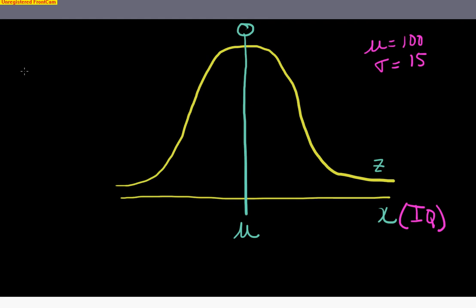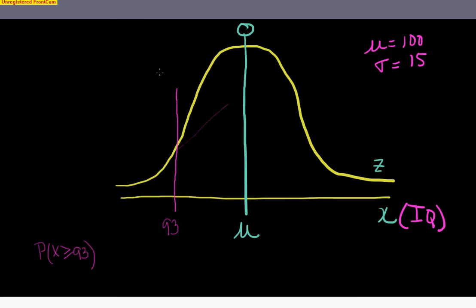Let's say in this problem I ask, what is the probability that if I randomly select someone, they will have an IQ of greater than 93? Okay, what is the probability that if I randomly select someone their IQ is greater than or equal to 93?